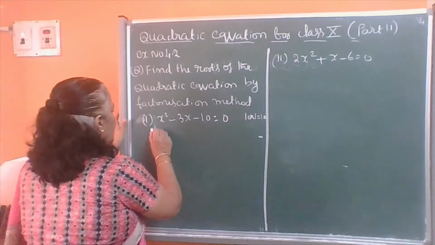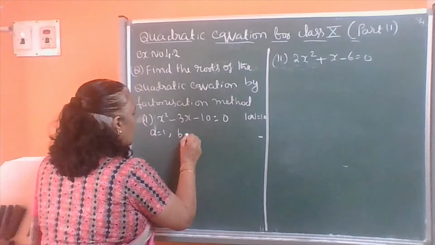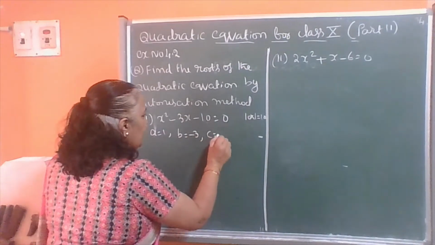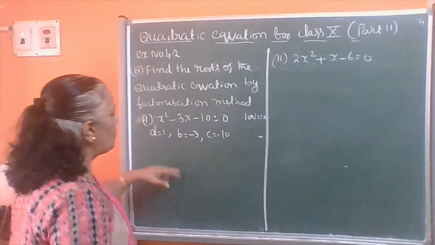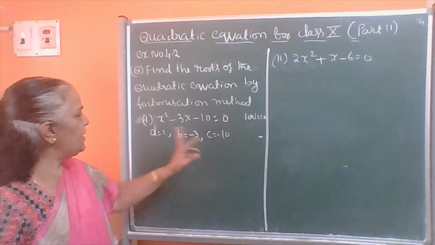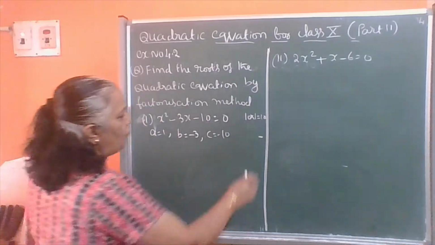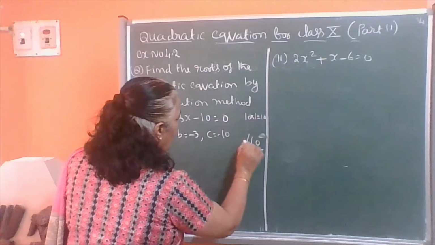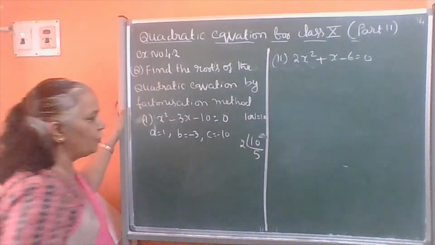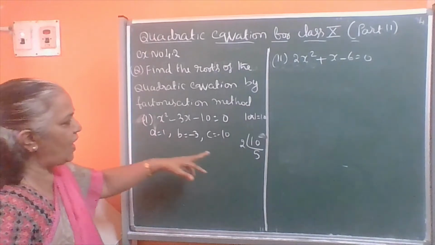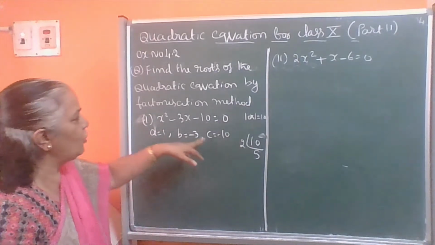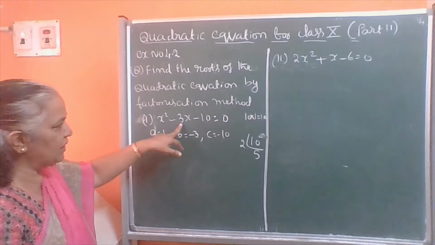Here a is 1, b is minus 3 and c is minus 10. You have to multiply a and c, and you will get minus 10. Now the factors of 10 are 2 and 5, since 2 fives are 10. By adding or subtracting, you have to get the middle term.